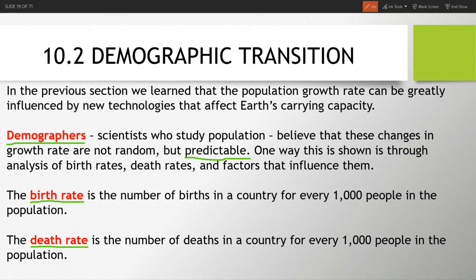But for another country with a very large population, that same number of deaths would be quite low. So a rate is a standard number that helps us compare conditions between countries in terms of population change.